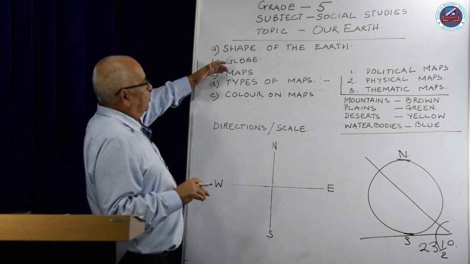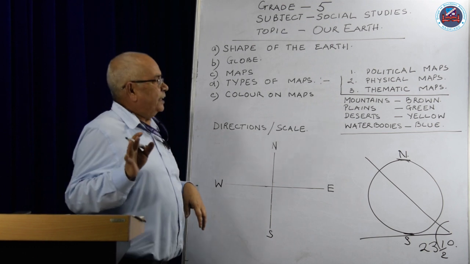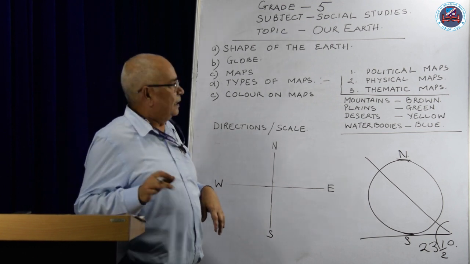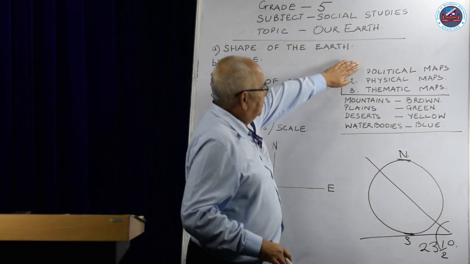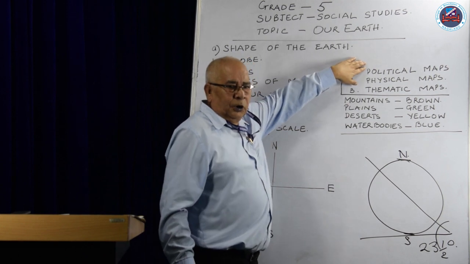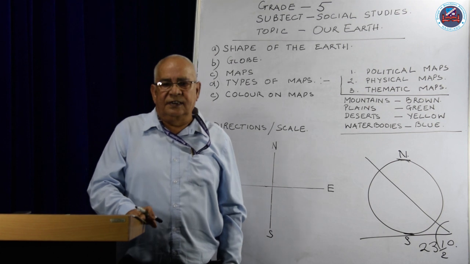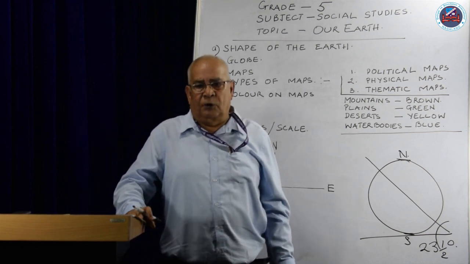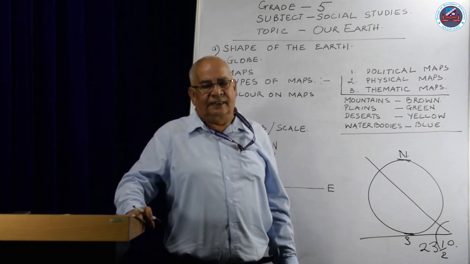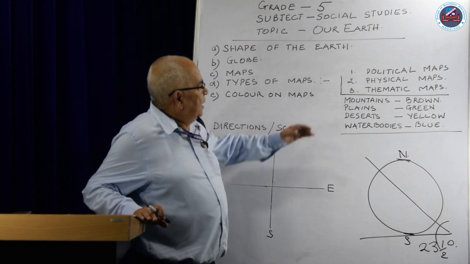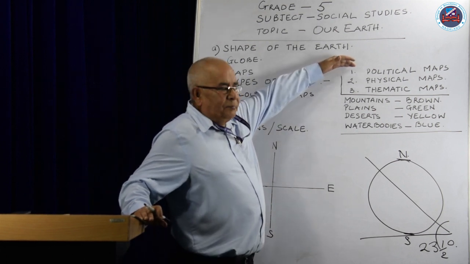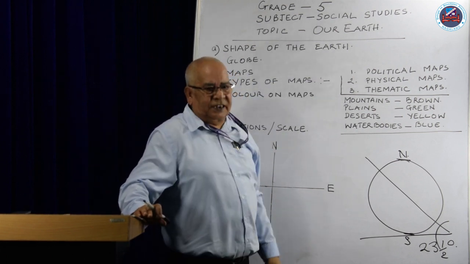Now, when we talk about maps, there are three types of maps basically. First is the political map. The political map shows features such as states, provinces, capitals, major towns and cities. So, in this way, we have one type of map. The second type of map is the physical map.